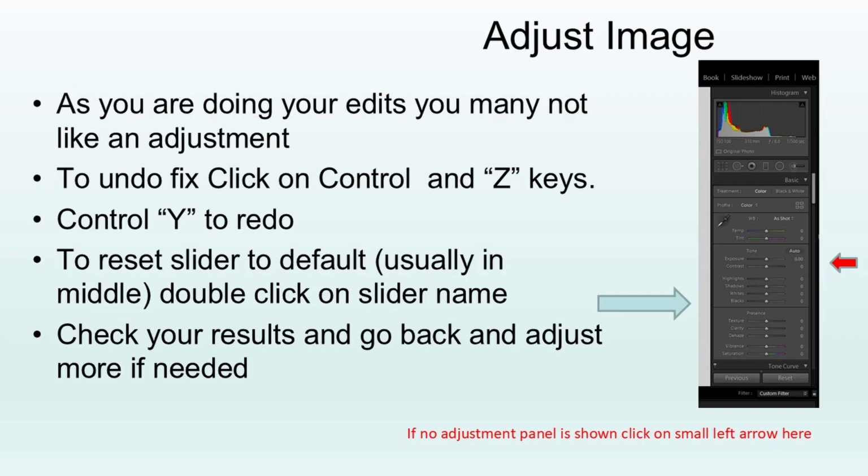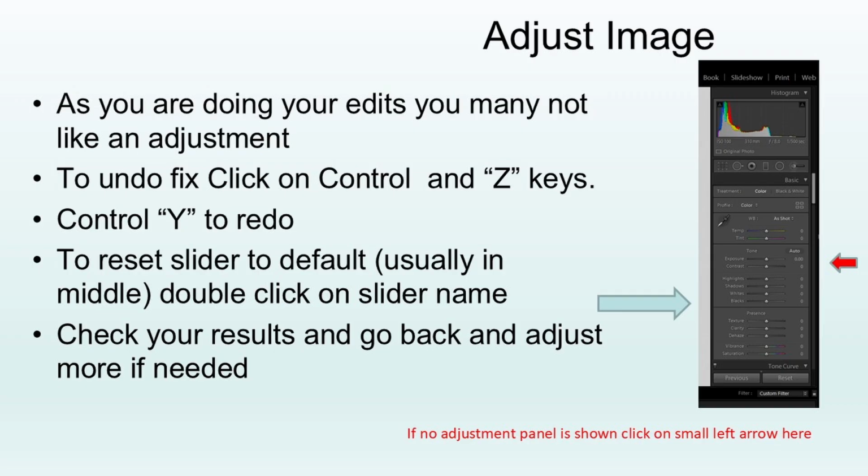As you're doing an edit, you might make an adjustment and look at it and say, I don't like that. The previous version was better. So to undo that single edit, you hit Control Z. That undoes that one step. If you go, I don't know, was it better?